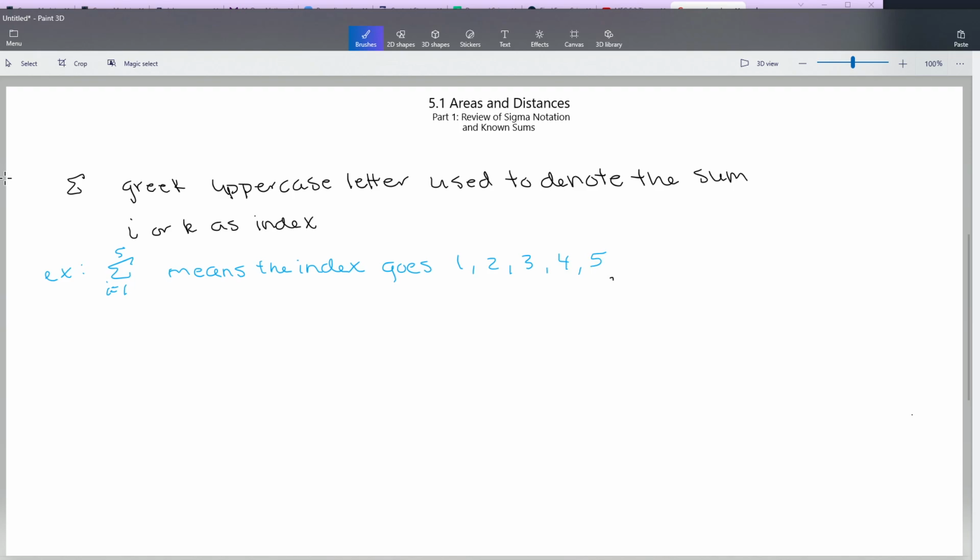So let's look at understanding some examples of sigma notation, and then like I said, we'll review a couple examples of sums that we know the answer to.